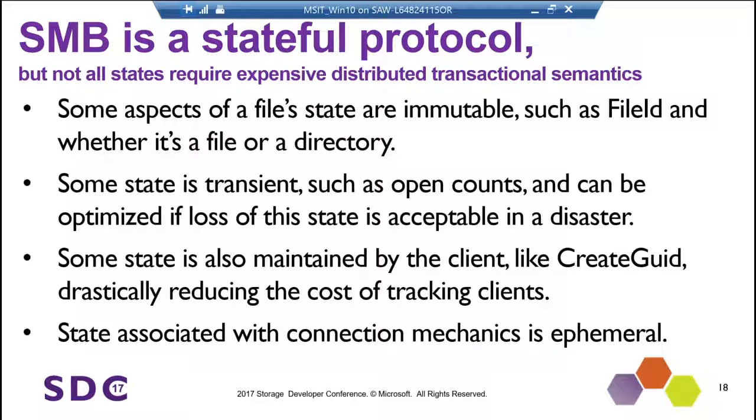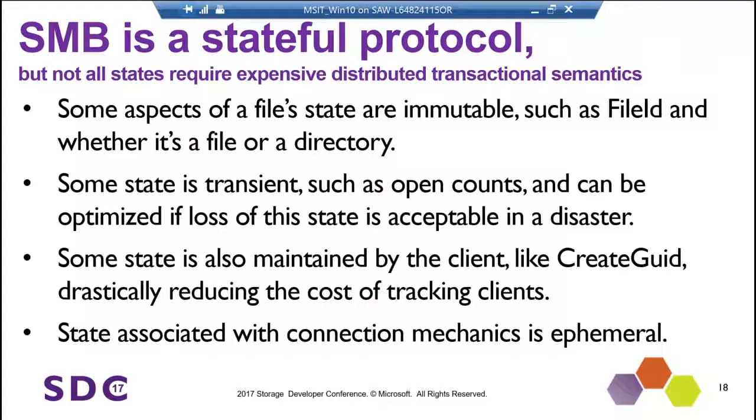This is something you probably already know, SMB being a stateful protocol. One of the things that also made persistent handles much easier to implement is that the client maintains some of the data across these reconnects. There's a create GUID, because certain operations are once only. They're not idempotent, things like supersede, overwrite, or create.